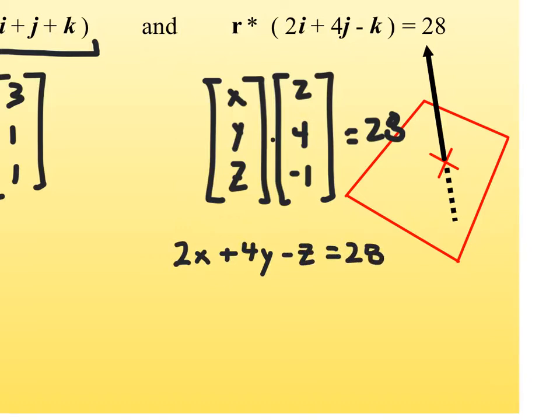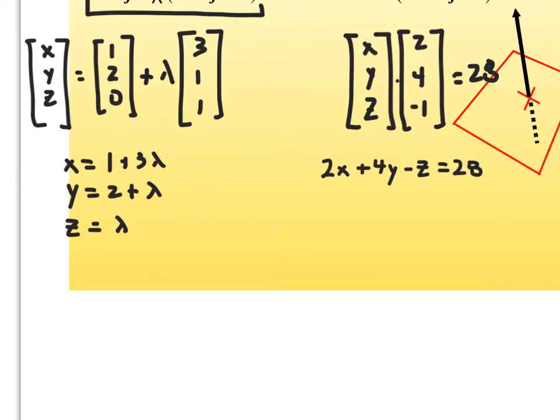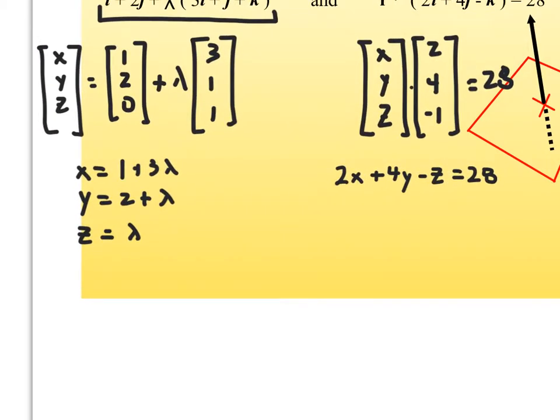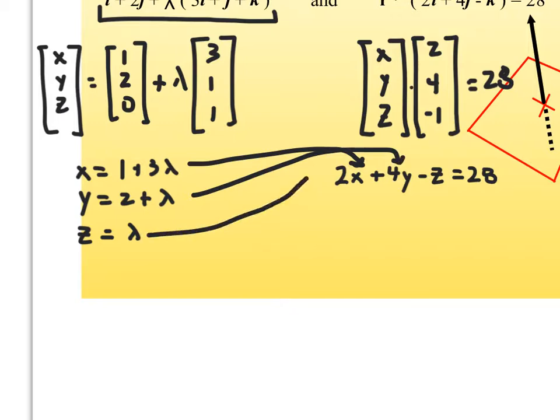That's just too easy. If I want to know the point where they cross, the point where the line cuts through the plane, all I'm going to do is plug in my x's for x, my y in for y, and my z in for z.